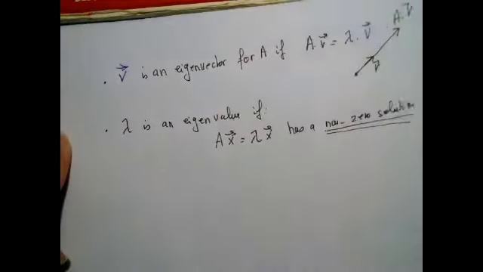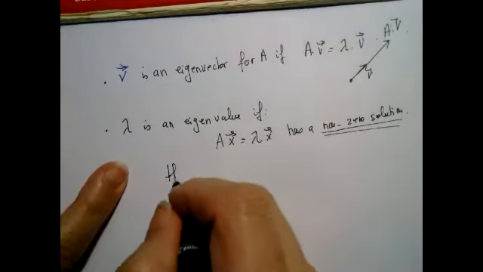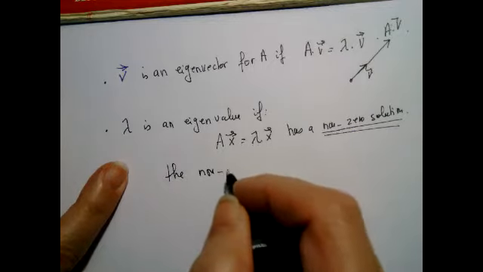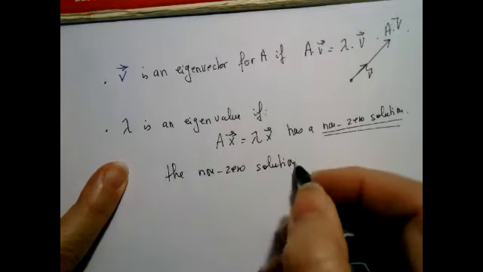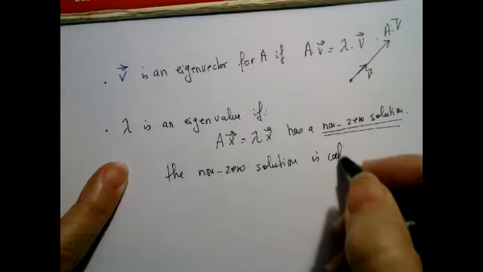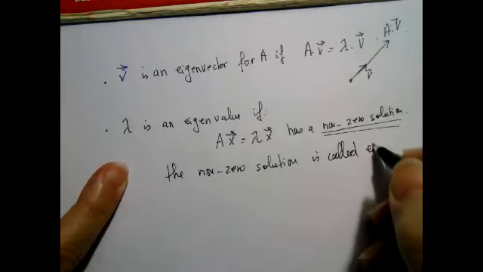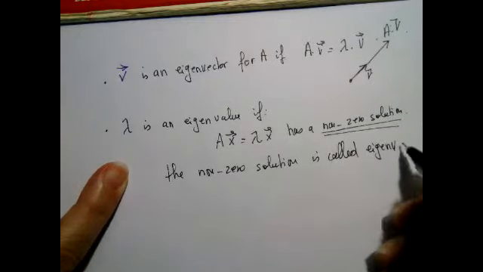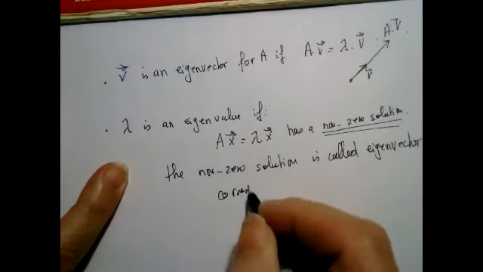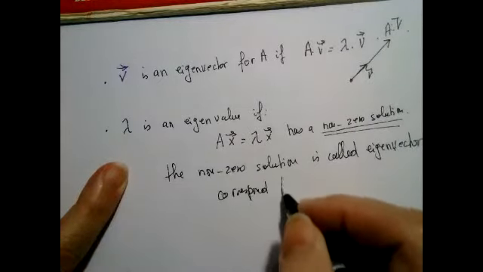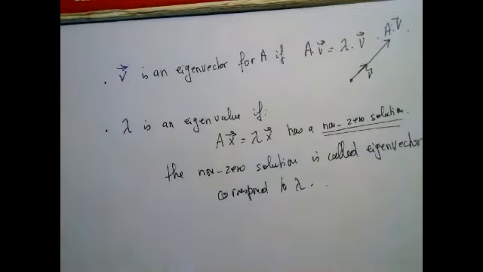Okay, so these are the definitions. The non-zero solution is called the eigenvector that corresponds to lambda.